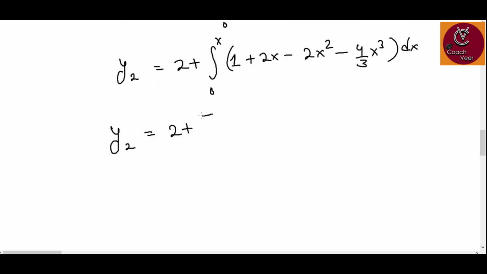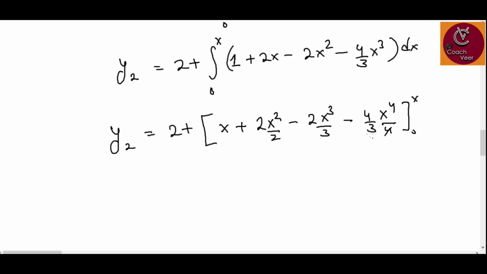And now let's do the integration part. So the integration of 1 is x, the integration of 2x is 2 times x square by 2, negative 2 by 3 x cube, negative 4 by 3 x to the power 4 by 4, from 0 to x. So 4 gets cancelled, 2 gets cancelled, and we need to substitute the values.